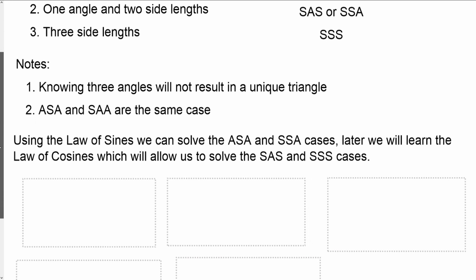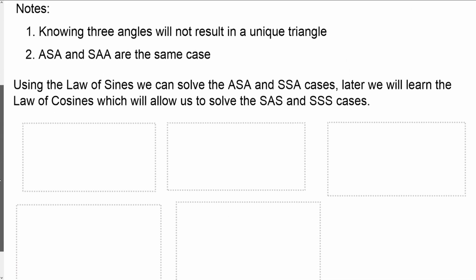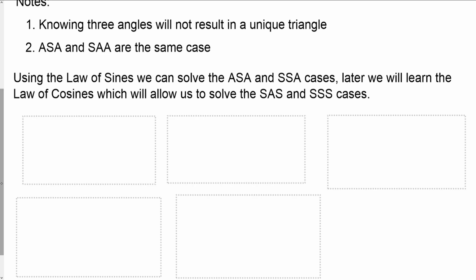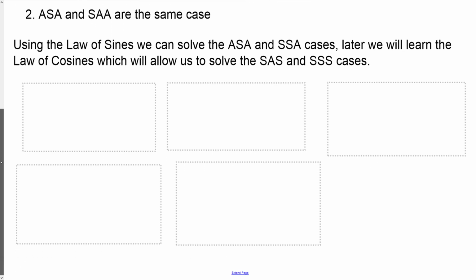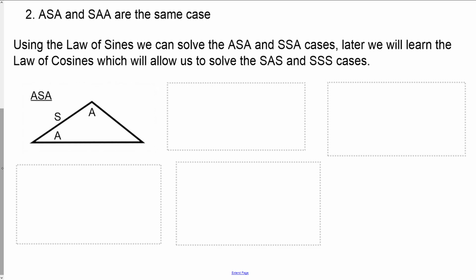Using the law of sines, we can solve the angle side angle and the side side angle cases. Later we'll learn the law of cosines, which will allow us to solve the side angle side and the side side side cases.